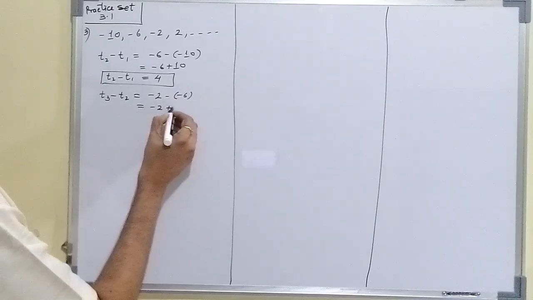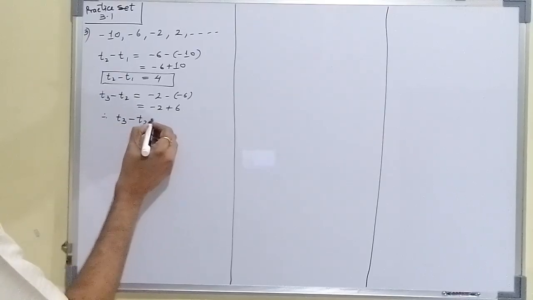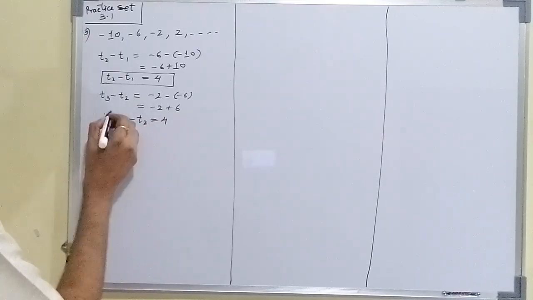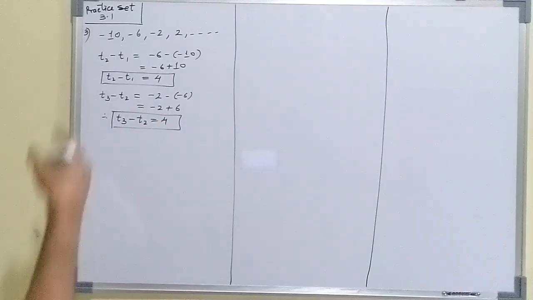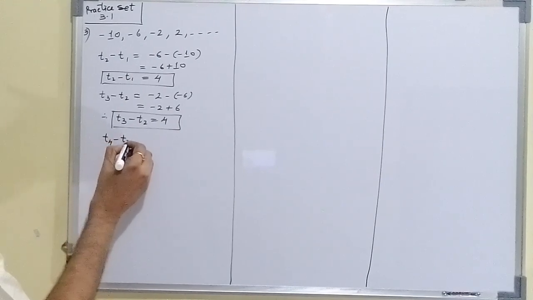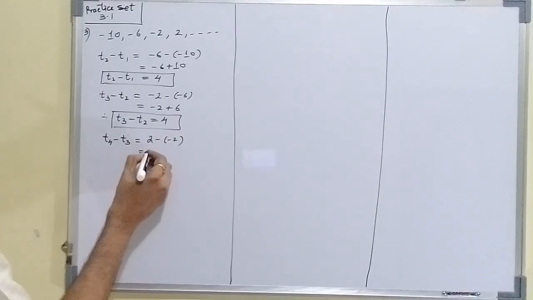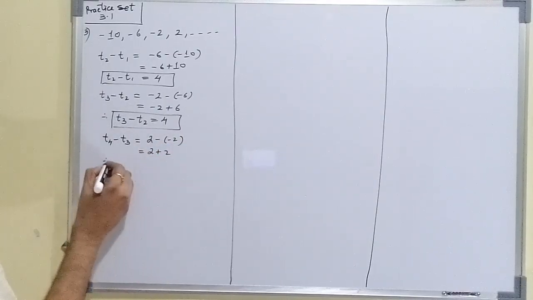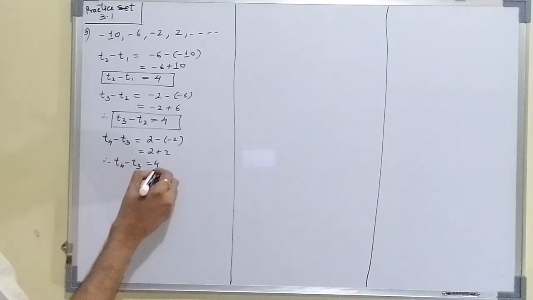It is -2 plus 6. Therefore T3 minus T2 is again 4. Go for next term. T4 minus T3 equal to 2 minus of -2. This is 2 plus 2. Therefore T4 minus T3 equal to 4.